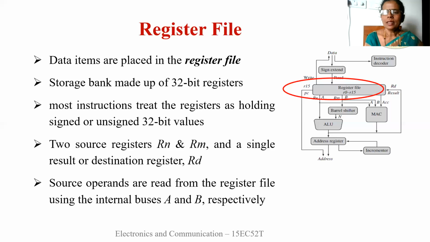It contains 16 registers, R0 to R15. The size of each register is 32-bit, and it acts as a storage bank because it stores the data. The data is given to the two source registers Rn and Rm, the result is stored in the destination register, and the source register contents are available on the two buses A and B.